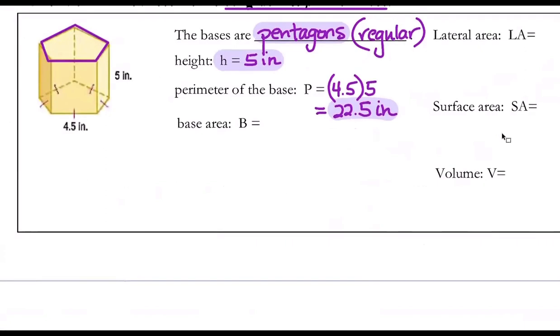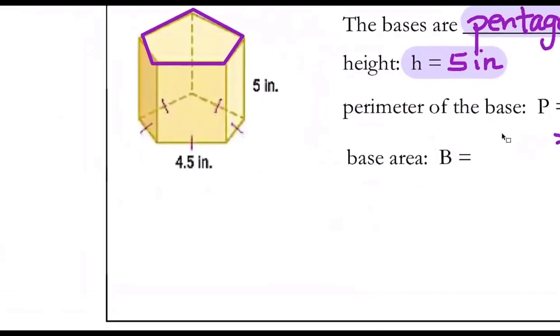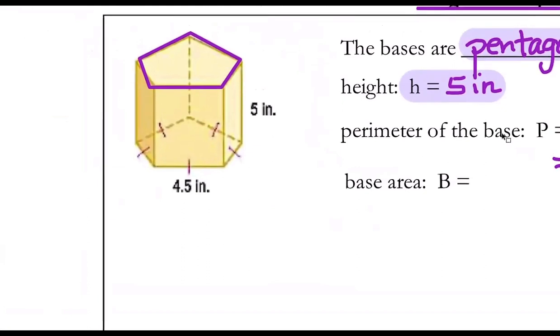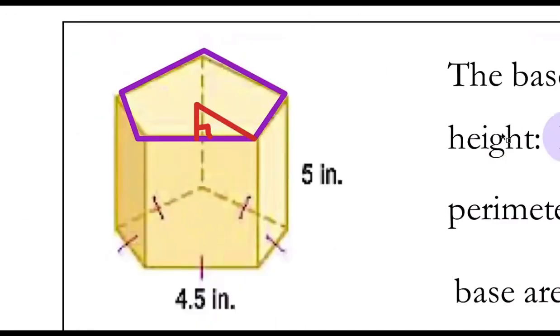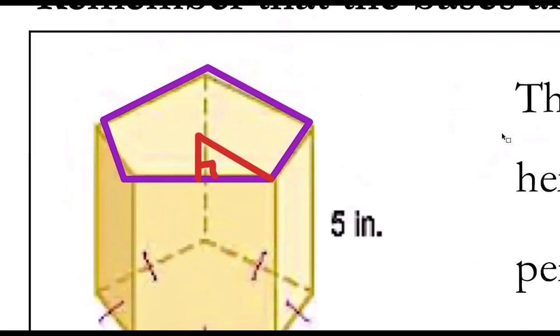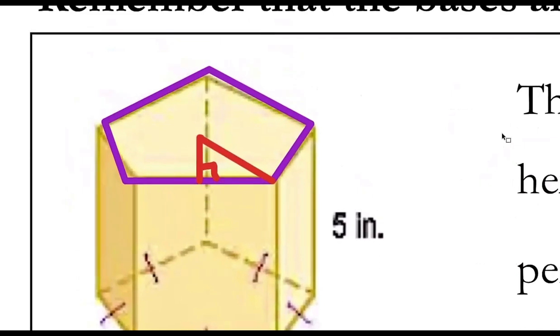Okay, let's figure out the base area. We have a regular pentagon here. I'm going to be thinking about this little apothem triangle on the inside. If I draw in that triangle, usually I'll draw it on the bottom, but I just decided to draw it on the top this time, so I already had that top kind of traced out.